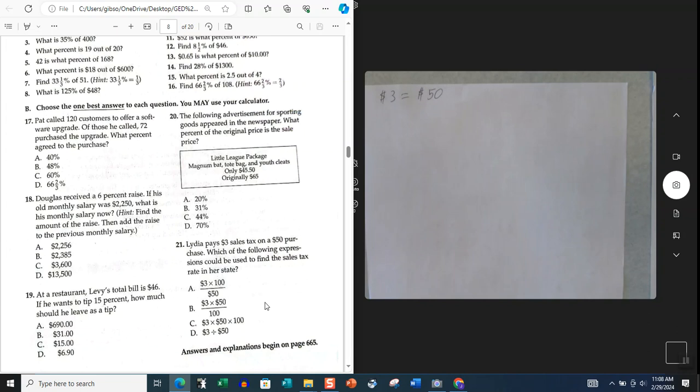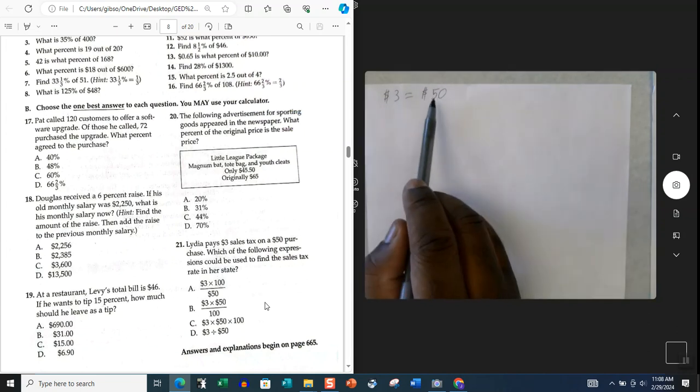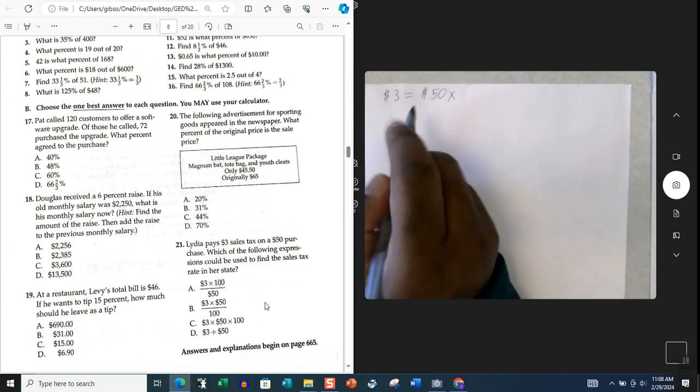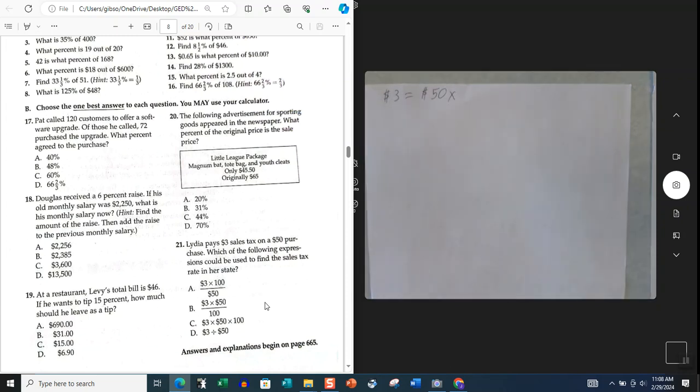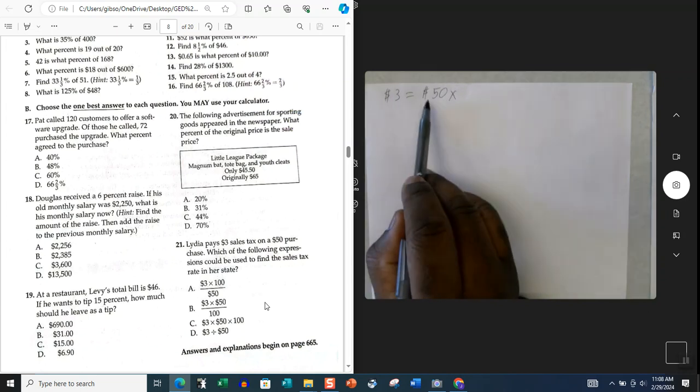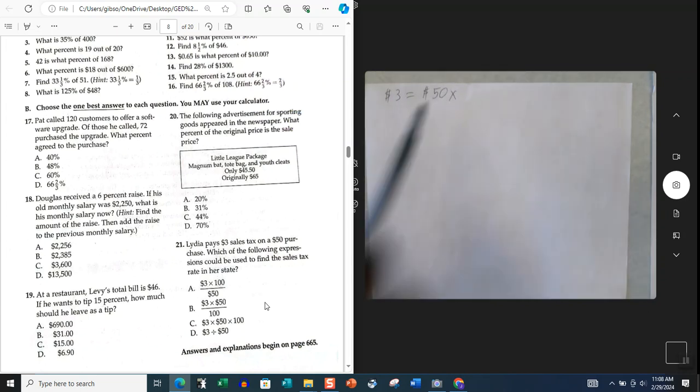So basically what they're asking us is, what percent of $50 would give us $3? With that being said, we have $3 is equal to $50 times X. X would be our what percent.